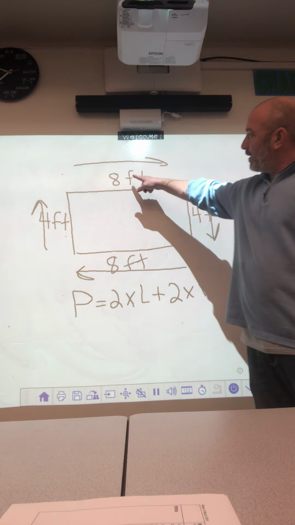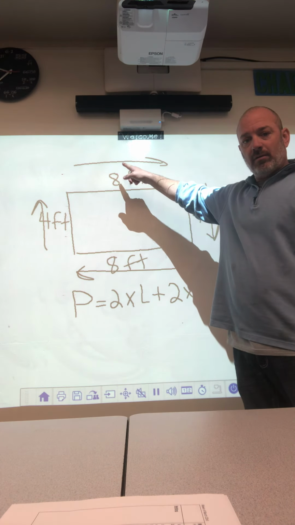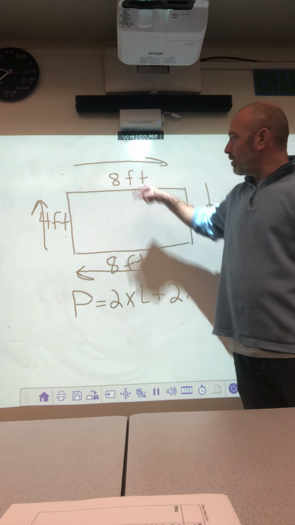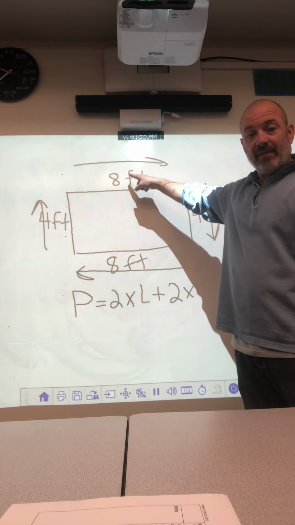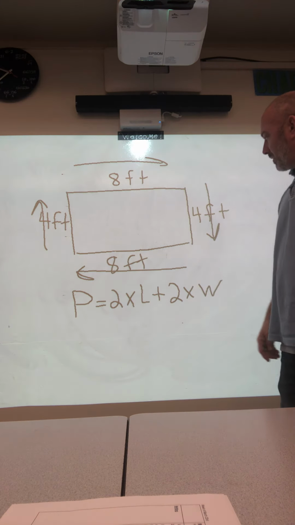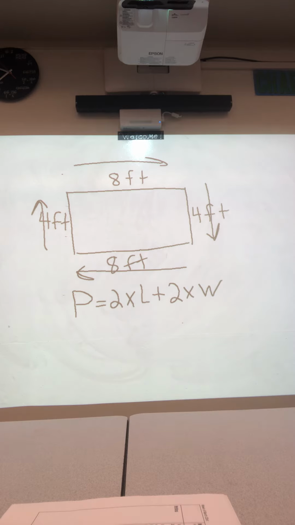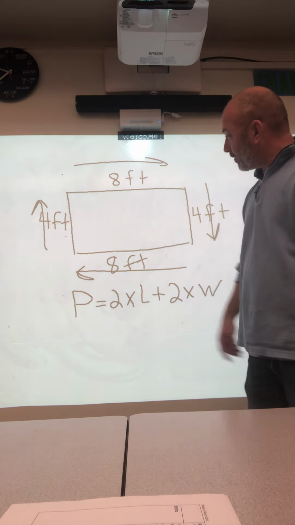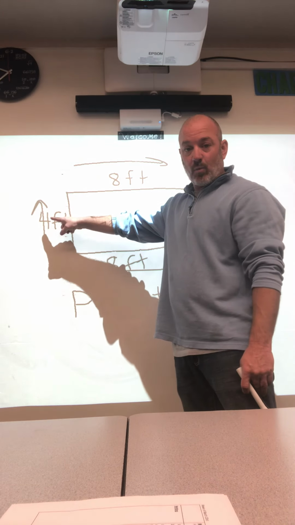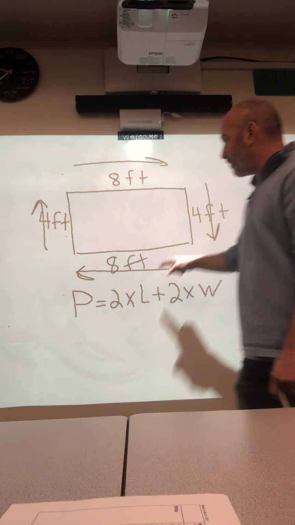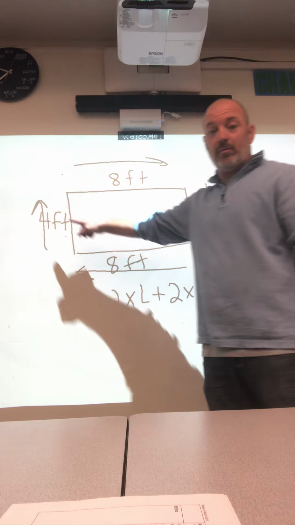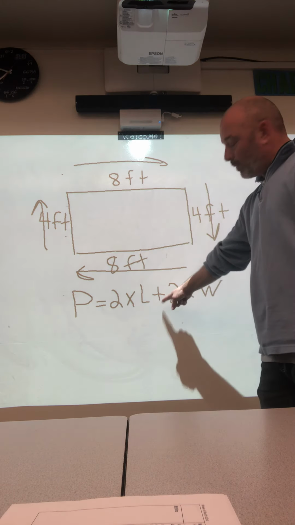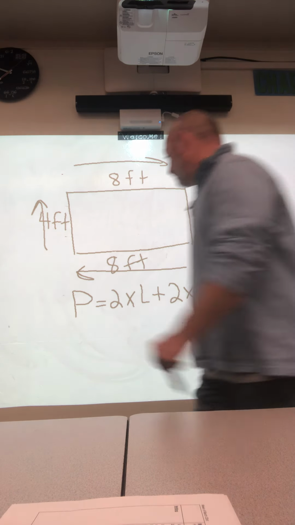Because we know that in a rectangle the opposite sides are equal, if this length is 8, we have 8 times 2, so 2 times the length. Same thing with this width. We know this is 4, and the opposite side is also 4, so we do 4 times 2. And then we can add those two totals together.